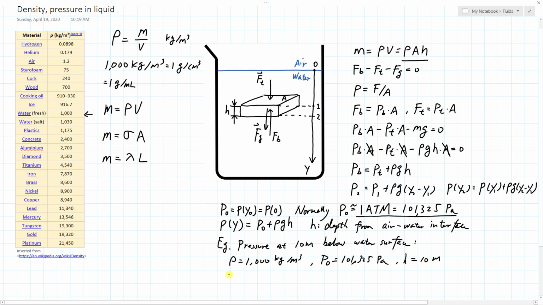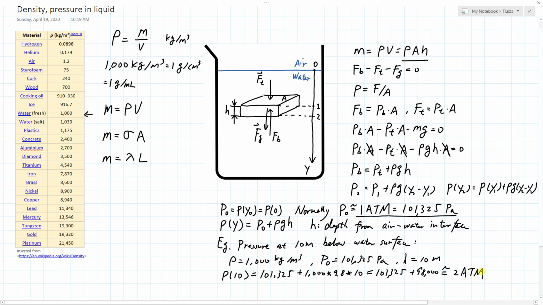So we can calculate pressure at 10 meters, which equals pressure P0, which is 101,325, plus density of water 1,000 times gravity 9.8 times depth 10 meters. So we have 101,325 plus 98,000. So you add them together, this is approximately 2 atm.